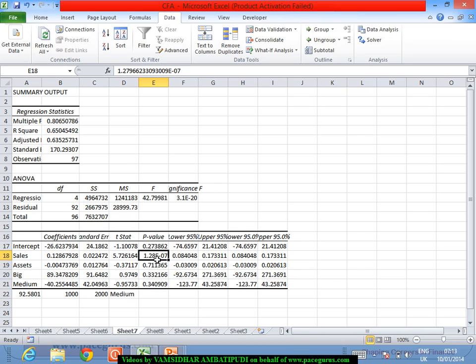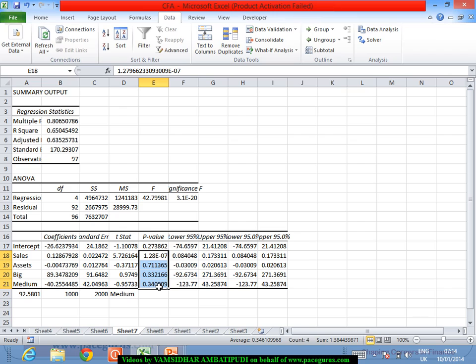If all the coefficients are not statistically significant, but at the same time the overall goodness of fit of the model says statistically significant, so the p-value at the ANOVA layer is less than 0.05 but the p-values for all the independent variables are greater than 0.05, that is a possibility of multicollinearity.